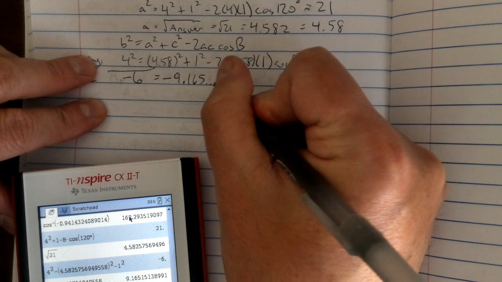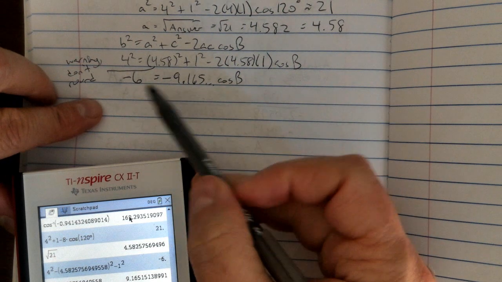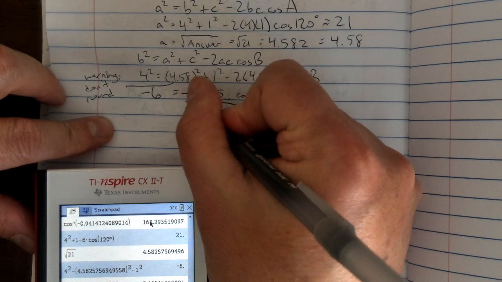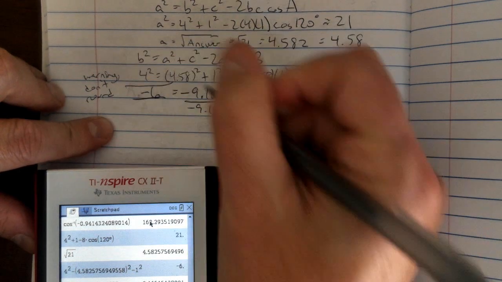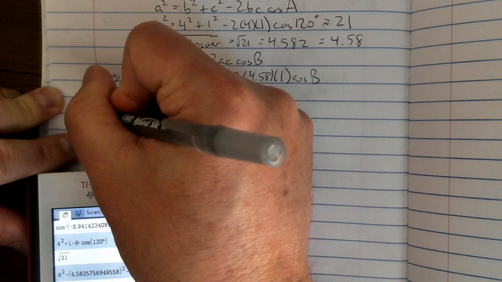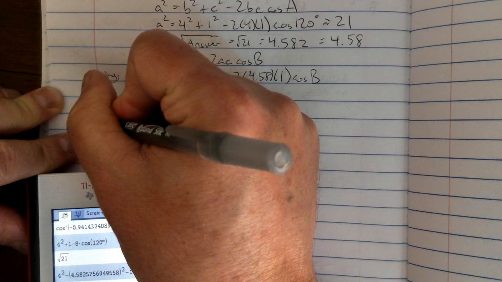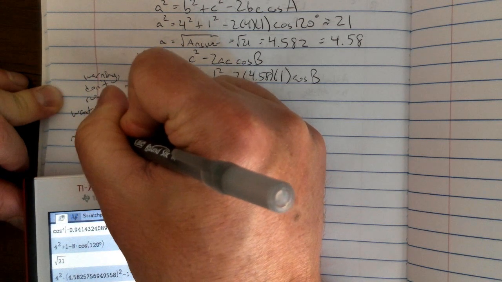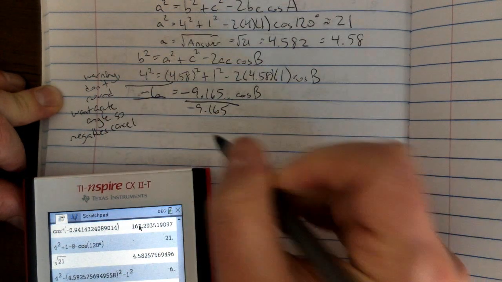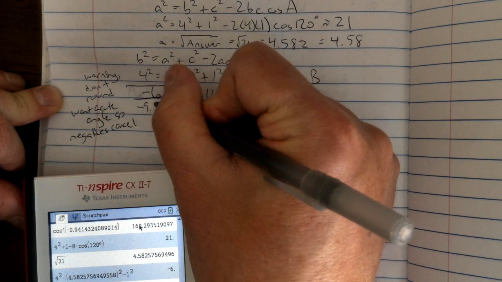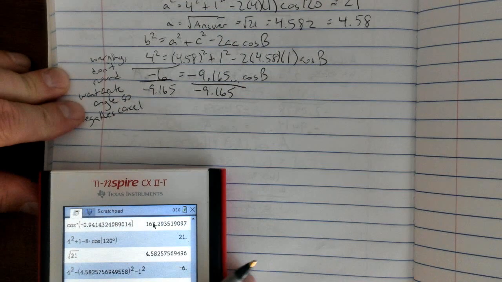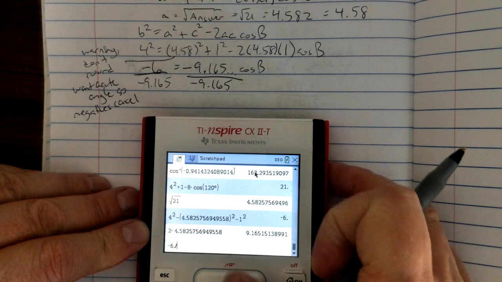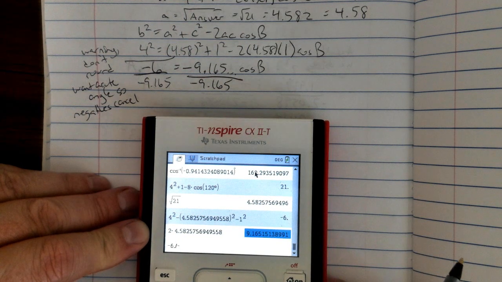So on cosine B. So you've got a negative, divide by a negative, which would give you a positive, which is what you want because you want your acute angle. So negatives cancel. So we're taking this number divided by negative of this number.